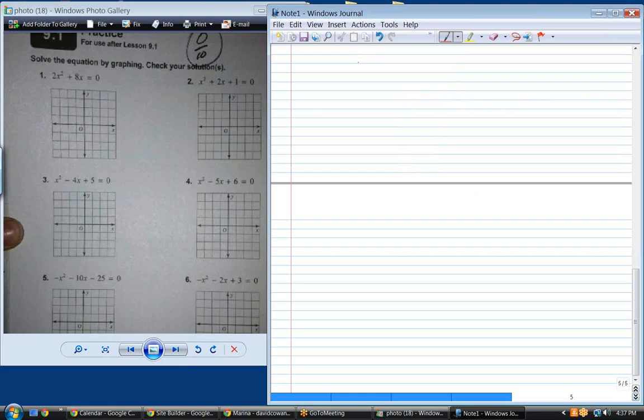So let's take number 3. X squared minus 4x plus 5. Let's solve for the y-intercept. Plus 5, excuse me.